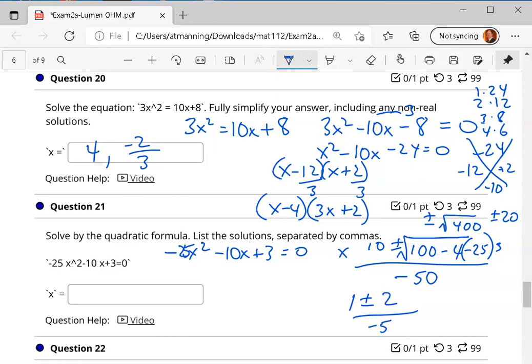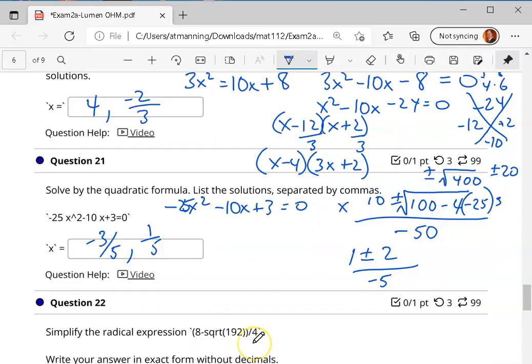Well, 1 plus 2 over negative 5 is negative 3/5. 1 minus 2 over negative 5 is negative 1 over negative 5, or 1/5. Those are our two x's using the quadratic formula.